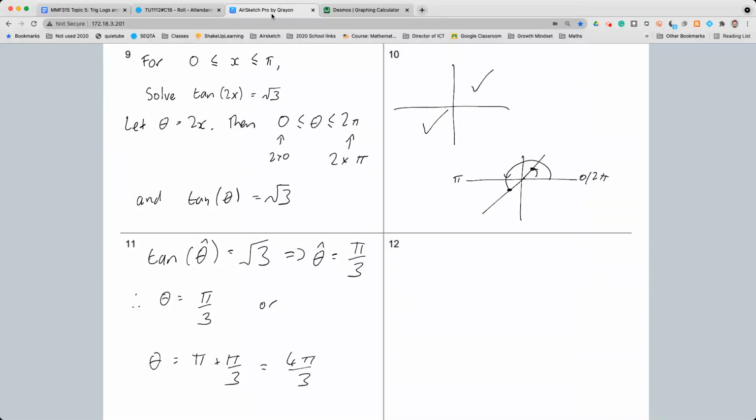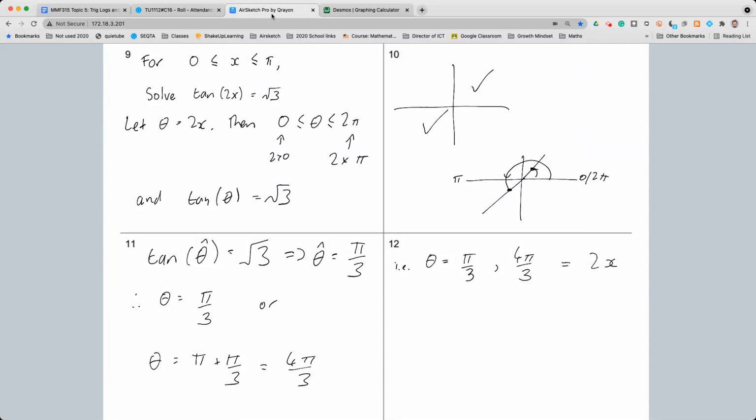So in slide 12, I'm going to wrap it up. Theta is equal to pi on 3, comma, 4 pi on 3, and that is equal to 2x. Remember we said theta was 2x? But I'm not interested in 2x. What am I interested in?